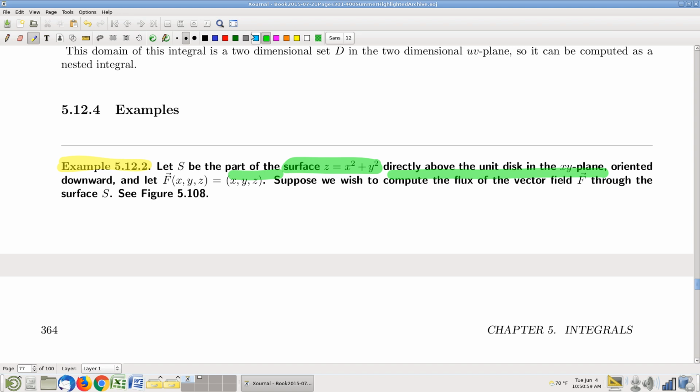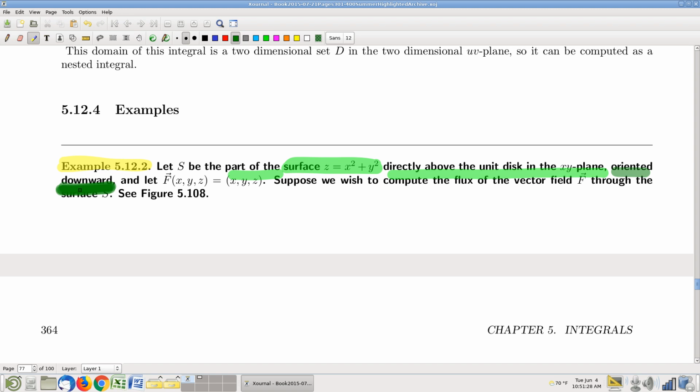Now, a little detail to talk about. Notice that it says here further that our surface is oriented downward. Okay, so we're about to ask a question about flux of a fluid through this surface. Keep in mind, whenever you're talking about flux through a surface, you're imagining some fluid flowing through that surface, and you've got to decide which is the positive direction. If there's fluid flowing through like that, does that mean this is the positive direction?